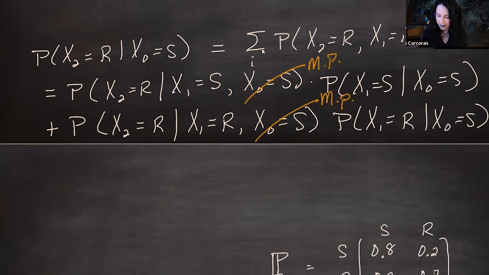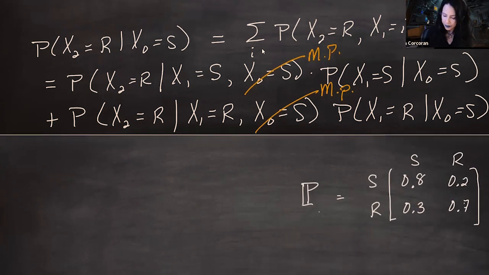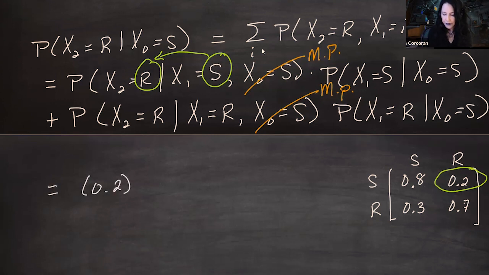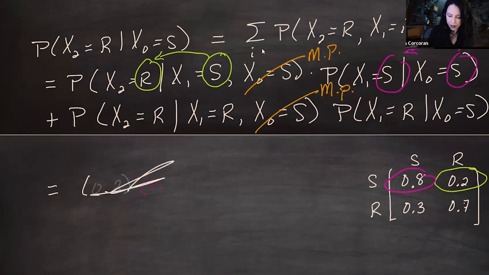Let me bring the matrix down again, since I screwed that up last time. The first probability goes from sunny to rainy, so I'm going to look in the matrix at sunny to rainy, and that is 0.2. The next probability goes from sunny to sunny, and that is the sunny to sunny entry. It was supposed to be color coded. Actually, I'll just underline them because I'm not sure you can read these colors.